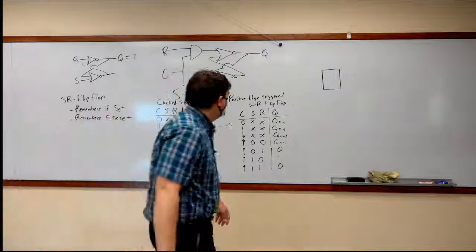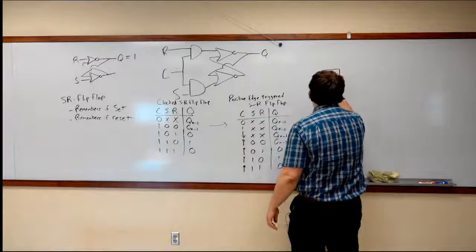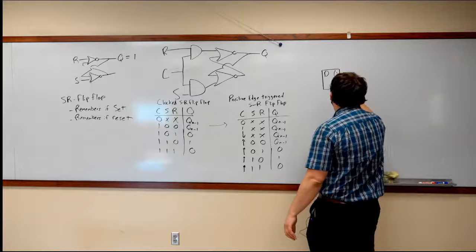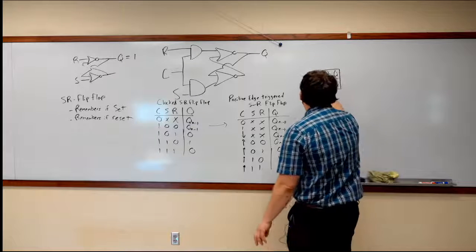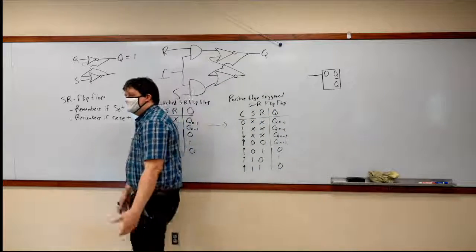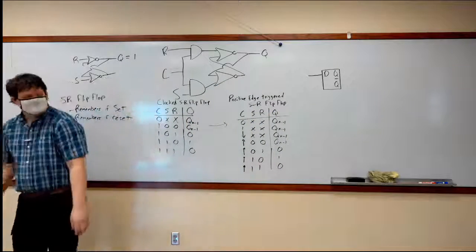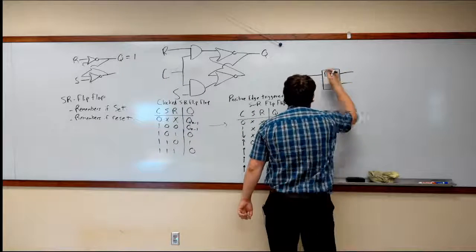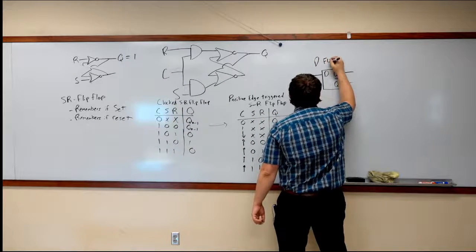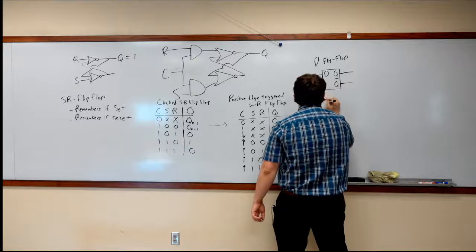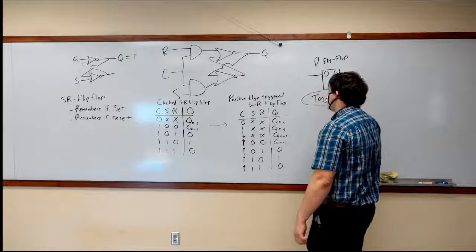Yeah, okay. So in a D flip-flop, we're going to say it's just D. We got Q and we got Q naught. And now, instead of having an S and an R, we have a D. Now what a D flip-flop does is it toggles. And that's the most important feature of it.